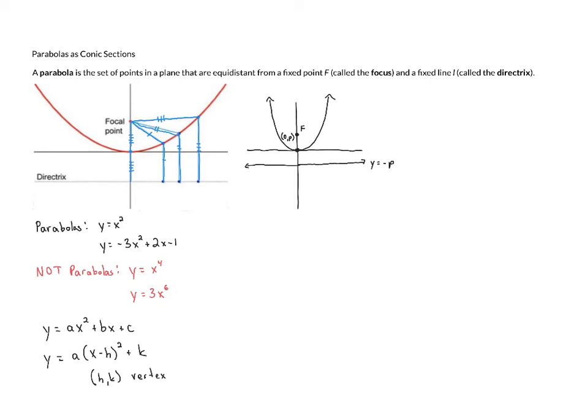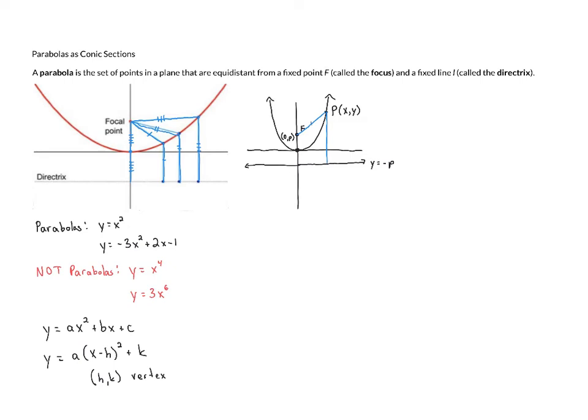Now, I want to look at any point on the parabola. We'll call the generic point on the parabola P with coordinates x and y. And we know that something has to be true about this point. Specifically, the distance from the focus to this point has to be the same as the distance from the point down to the directrix.